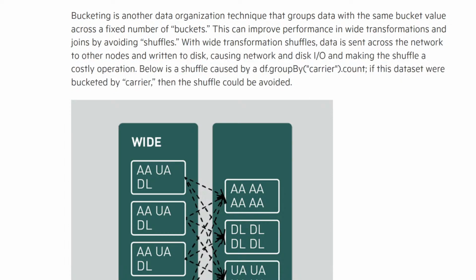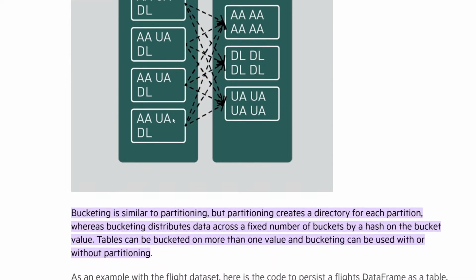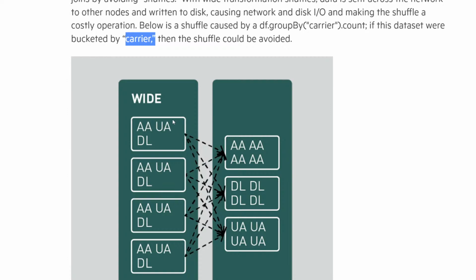So here, if you look at this df.groupBy carrier.count, if the data set is bucketed by carrier, then the shuffle would be avoided. Here what happens is we do a shuffle.